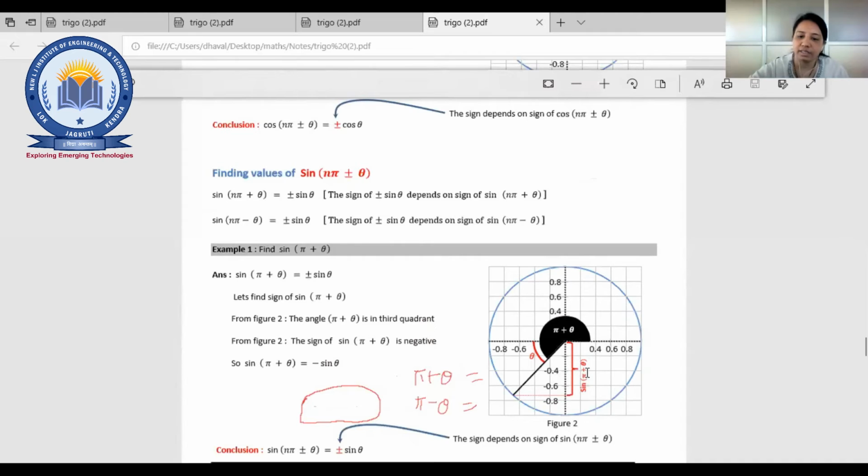So obviously the sign of this function is -1, right? You can see from the figure it is minus. And pi minus theta means it will be in the second quadrant. At that time your sign will be plus. That means the sign of the answer will be plus. Fine. Is there any doubt?